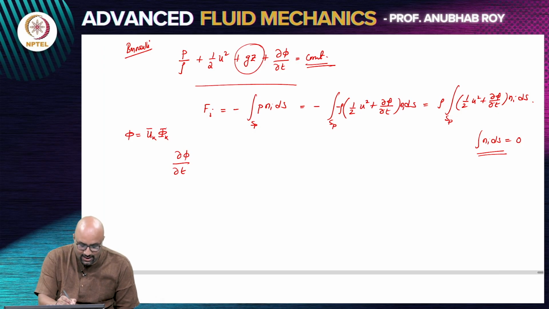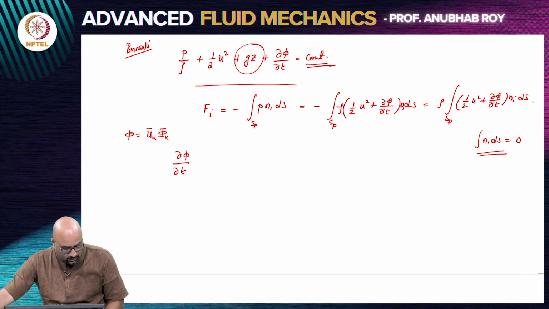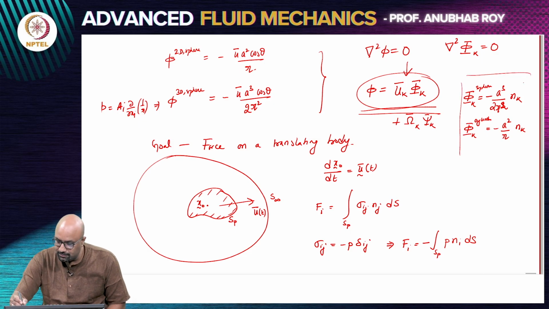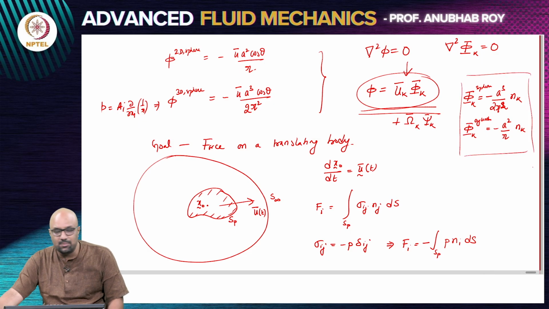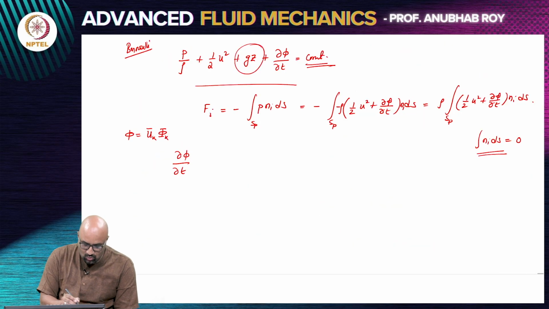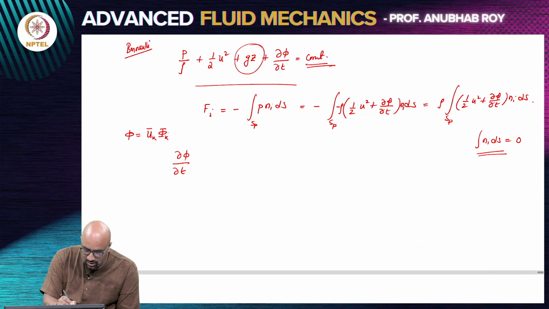Now, this phi k that I wrote down, if you just check what we had here for a sphere, I wrote down this potential here. There is a small r in the denominator. How is the small r defined? The small r is defined with respect to the center of the body, which means if the body is translating, that distance that you are measuring is actually varying with time, which means each of these quantities are functions of x minus x naught.